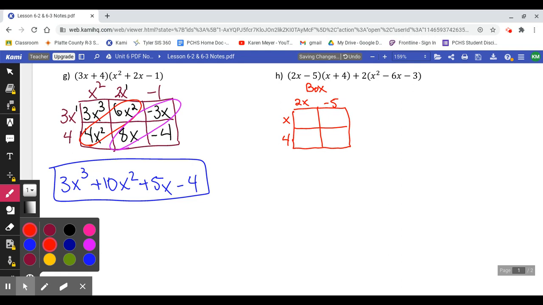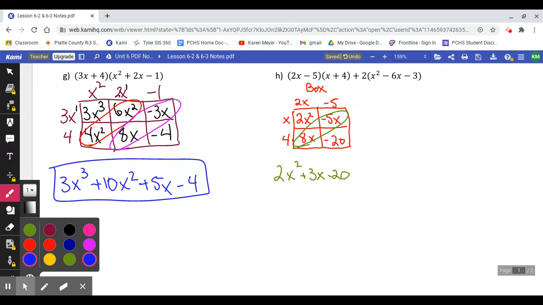So multiply, and that will give you 2x squared minus 5x, 8x, and minus 20. So then I get 2x squared. 8x minus 5x is 3x minus 20.